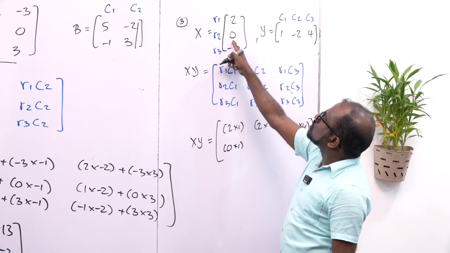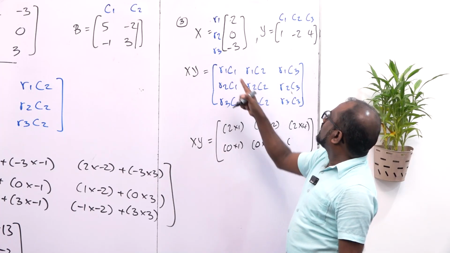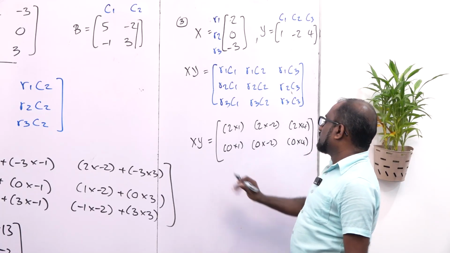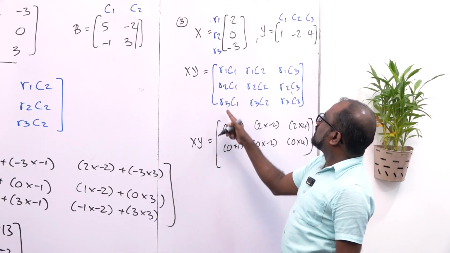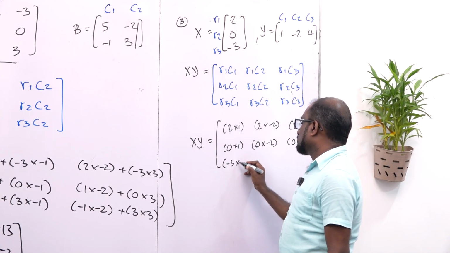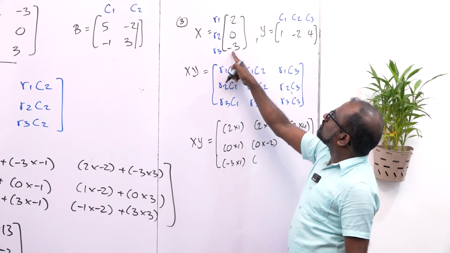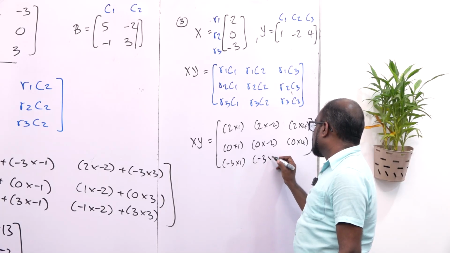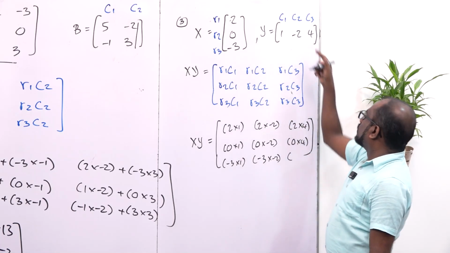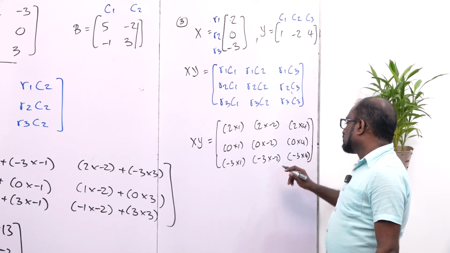Row 2, column 2: 0 into minus 2. Row 2, column 3: 0 into 4. Then row 3, column 1: minus 3 into 1. Row 3, column 2: minus 3 into minus 2. Last one, row 3, column 3: minus 3 into 4.